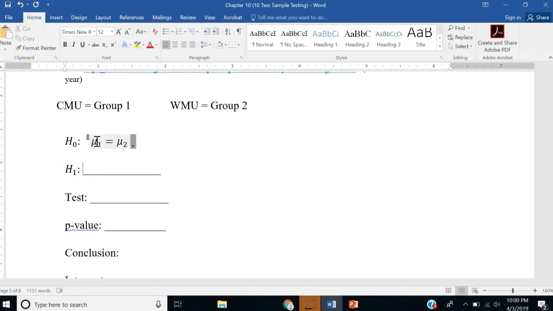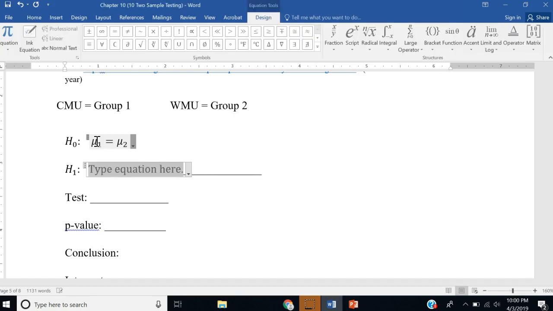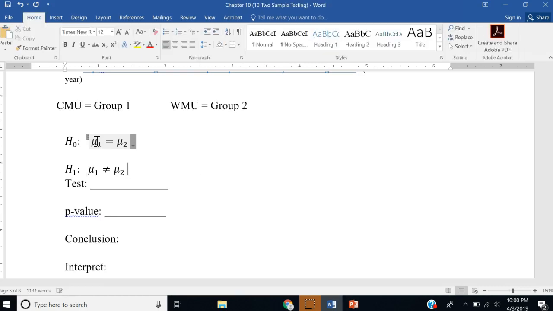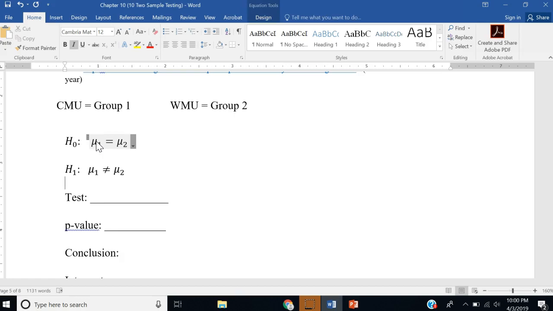So alternatively, my counterclaim, my alternative hypothesis is going to be that the average of group 1 is not equal to the average of group 2. Okay, if you're wondering how I'm typing that, that's just a little latex key. So there it is.